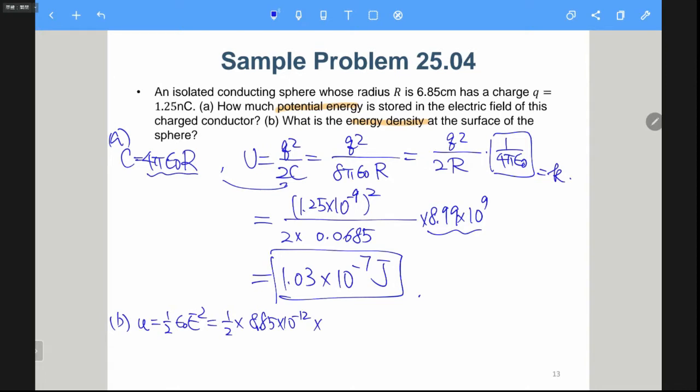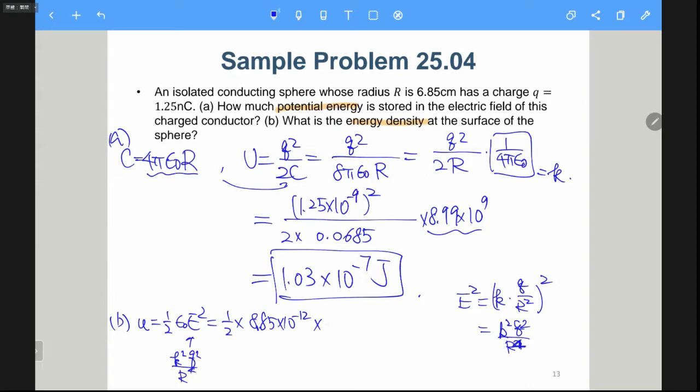E squared will be K, which is 1 over 4 pi epsilon naught, times Q over R squared, and then the whole term squared. So it will be K squared Q squared over R to the fourth.